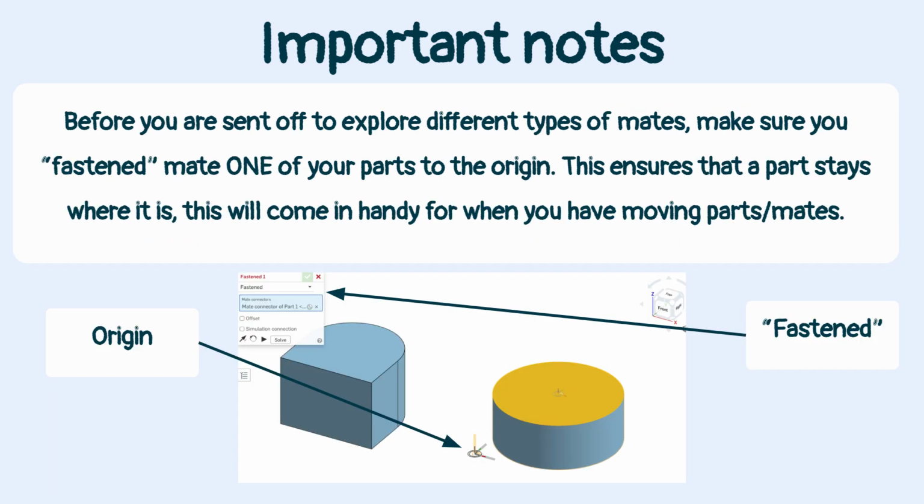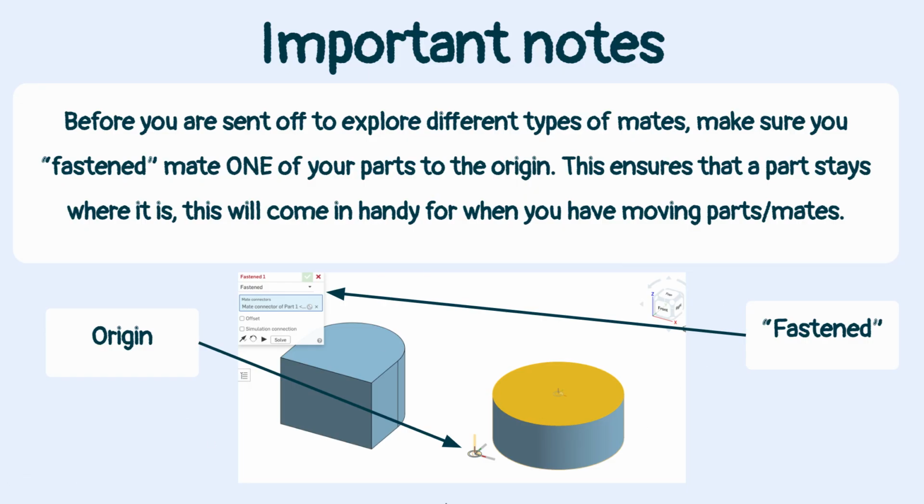Now, one important note. Before you are sent off to explore the different types of mate in Onshape, make sure you fasten mate one of your parts to the origin. The origin is that little center dot that's in the middle of your screen. This ensures that a part stays where it is and will come in handy for when you have moving parts/mates.